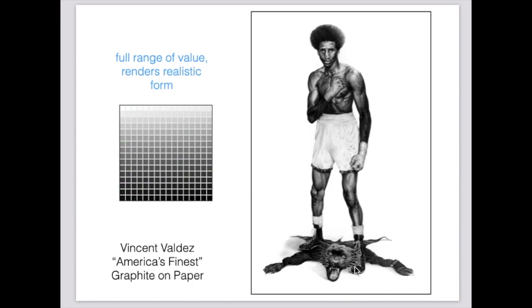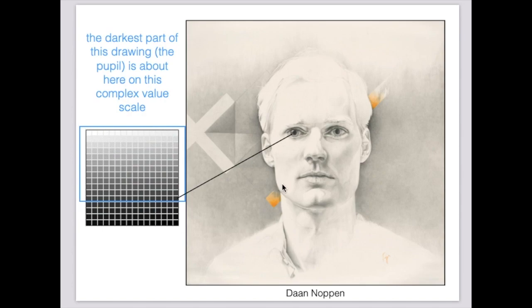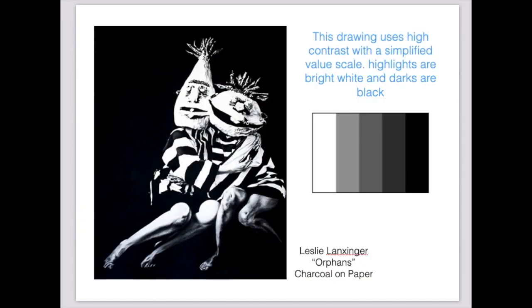Okay, and then here we have a realistically rendered drawing. So it uses the entire range of value. Anytime you want to draw something realistic, you would need to use the entire range of value. Realistic in terms of more of a photographic image that you would see, or something you would see in real life, right? Like this is more stylized. It's still rendering realistic form, but more stylized here.